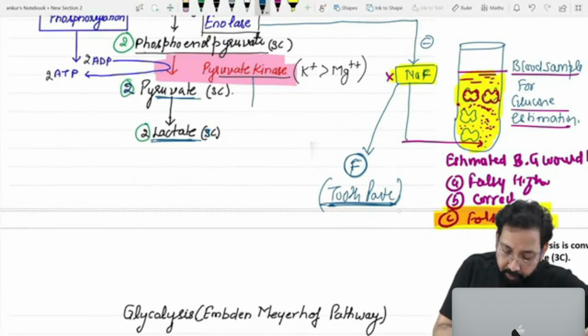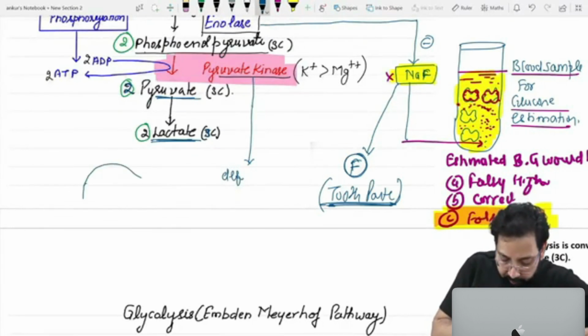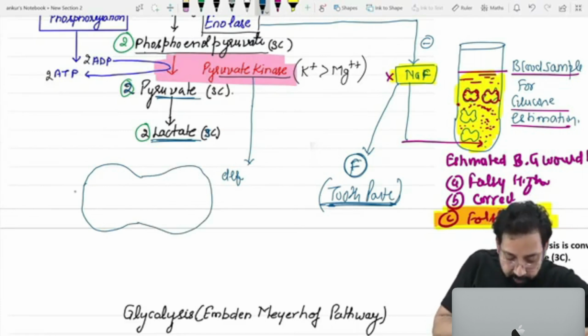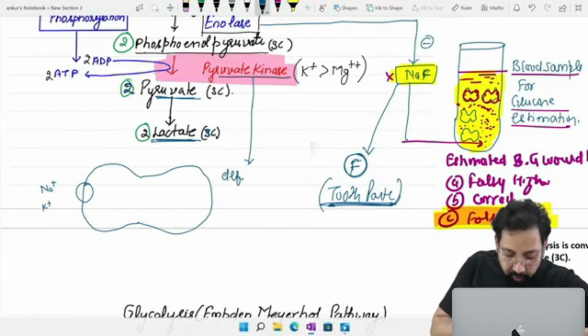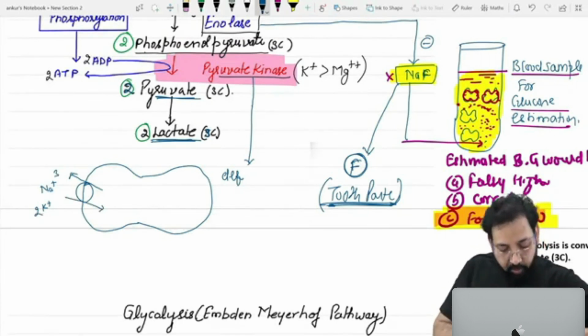Now pyruvate kinase deficiency. Pyruvate kinase deficiency in RBC. I draw like this. In RBC there is sodium potassium ATPase: 3 sodium out, 2 potassium in, ATP is used.